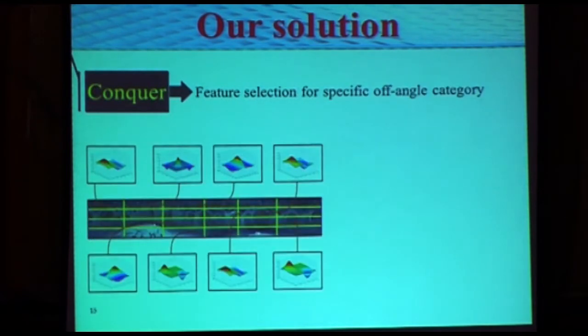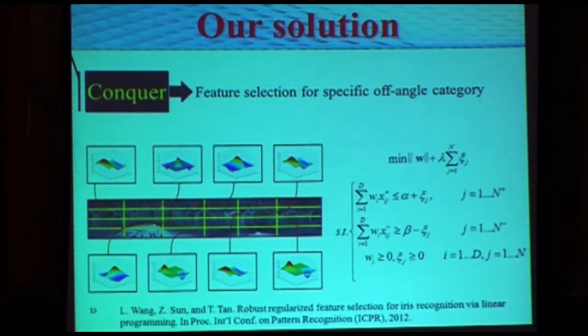Okay, let's come to the second step, conquer. We should assign specific features to different off-angle categories. Firstly, we construct a feature pool to cover the different features. And then we use a feature selection method to select the specific features for each off-angle category.